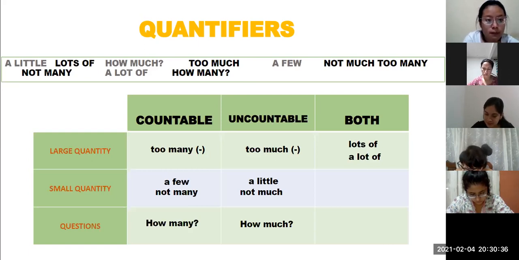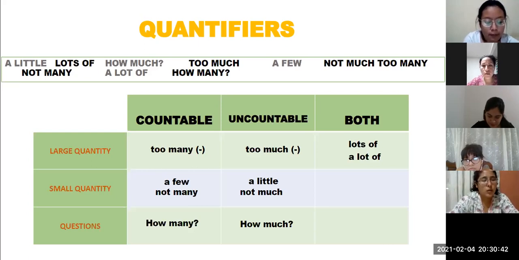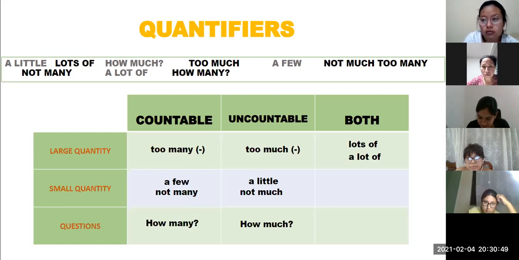Entonces, utilizábamos a few ¿para qué? A few for countable. Countable. Large or small? Large. Okay, a little, uncountable nouns. Large or small? Small.